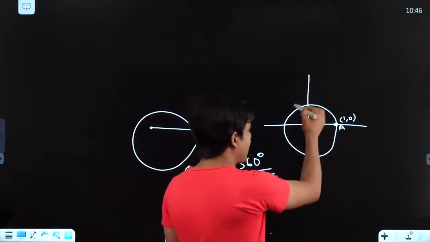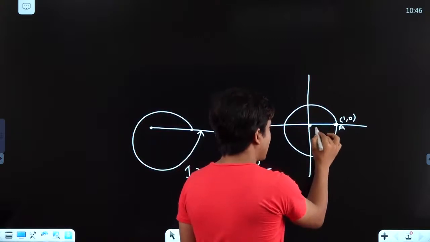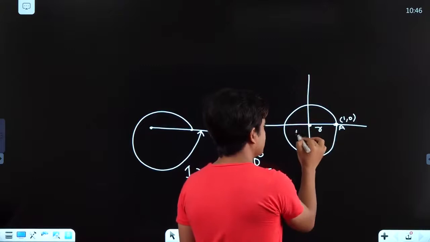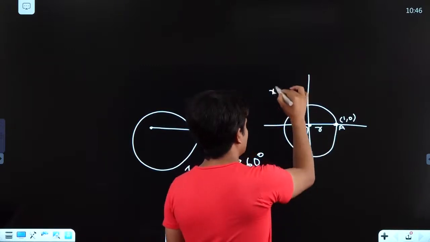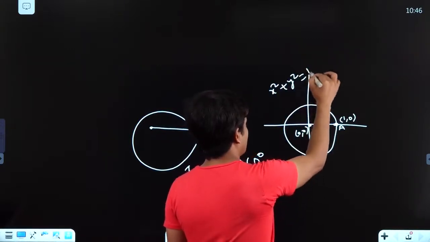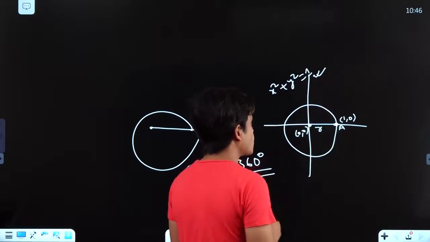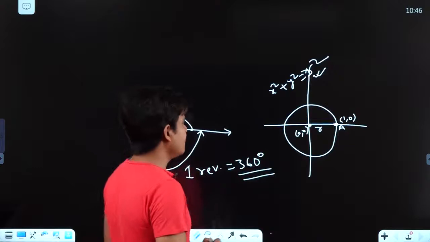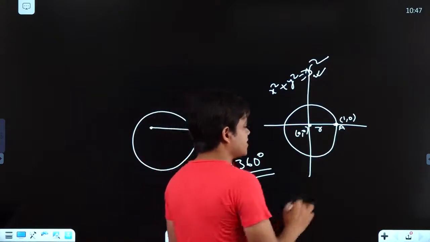Think if R is the radius of the circle. This is a circle with center (0, 0) and radius 1, or radius R, I can say. So its radius is R.